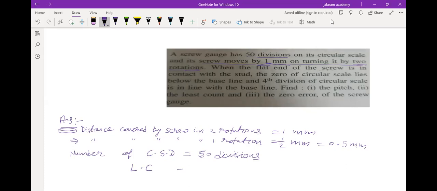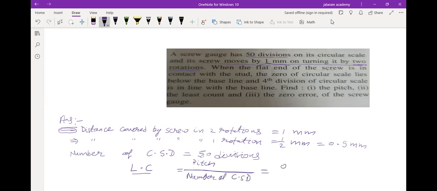We use the formula: least count equals pitch upon number of circular scale divisions. I have first written least count, then equals to, then look at this line, it is just between the equals to sign: pitch upon number of circular scale divisions.